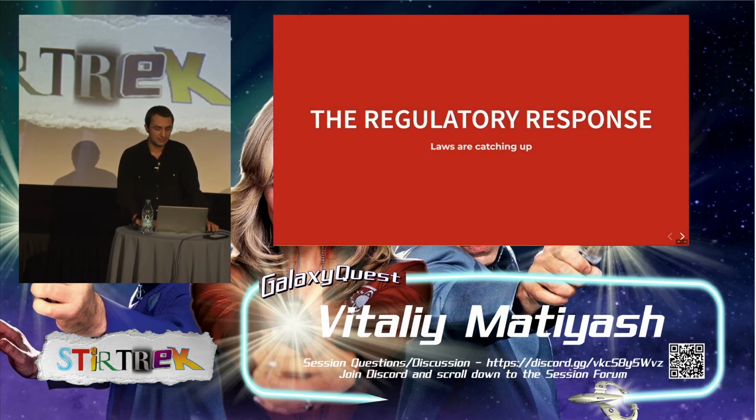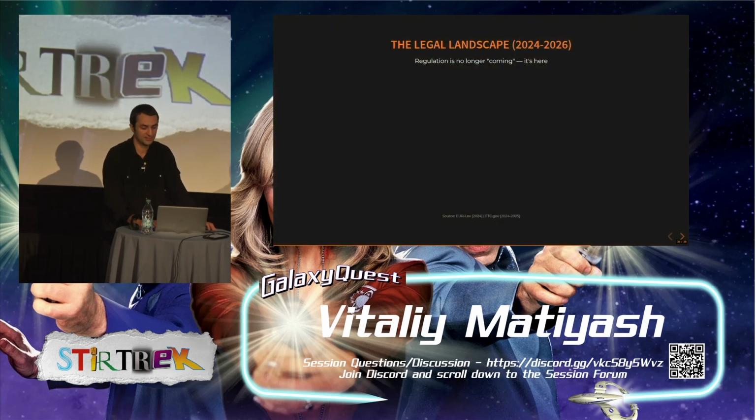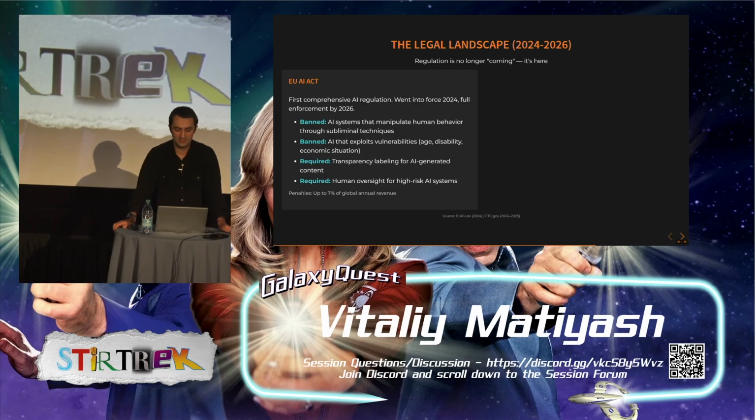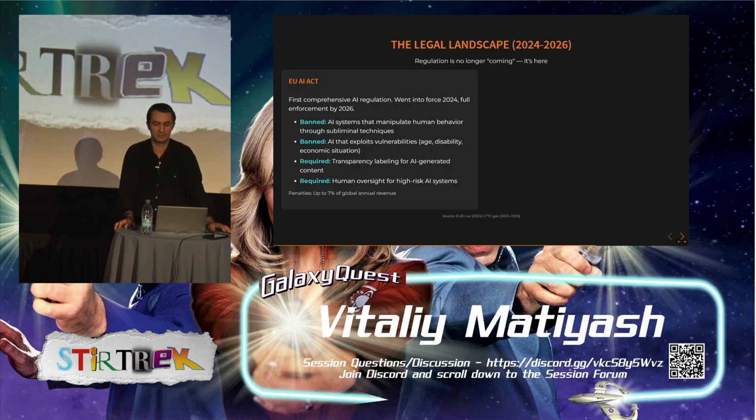Well, let's quickly look at the regulatory response and the laws and how the regulators are catching up. Europe obviously is much faster here. A lot of people say, hey, they do a lot of this regulation more than innovation, but depends how you look at it. They ban a lot of the systems that manipulate human behavior using AI.